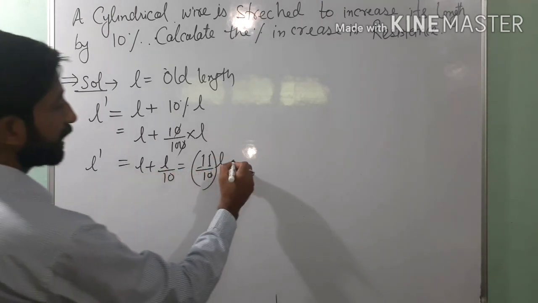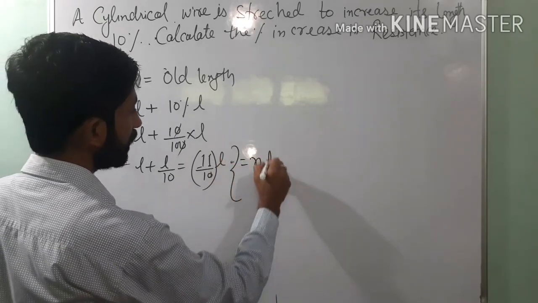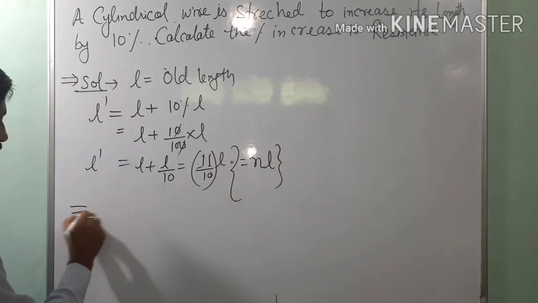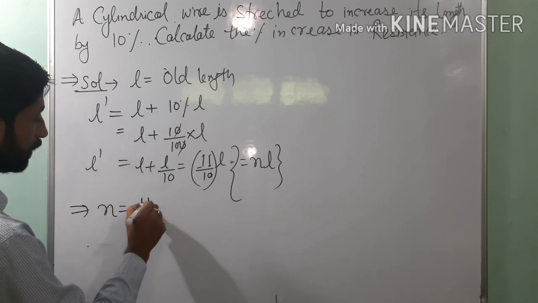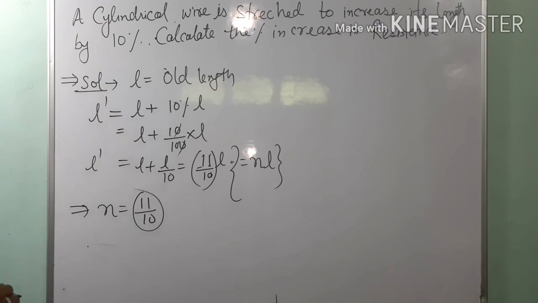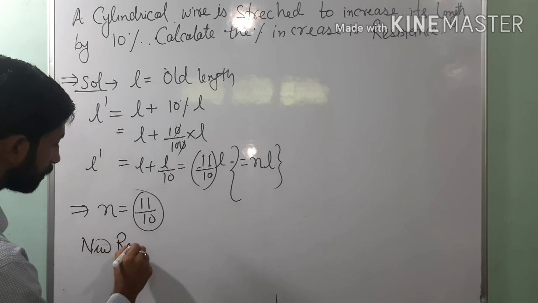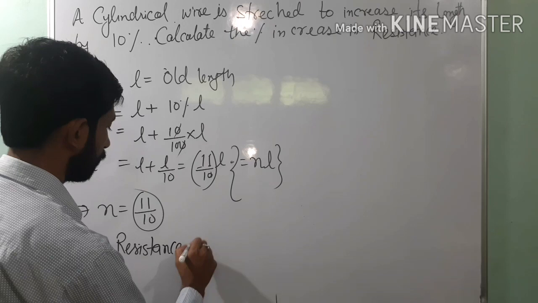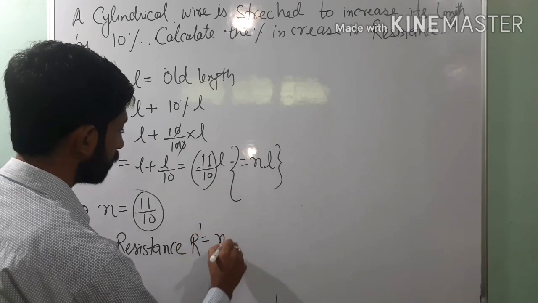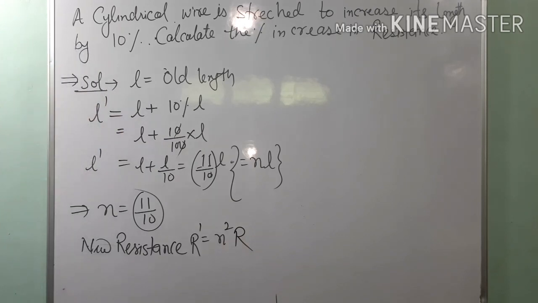So this can be compared with n into L. This is giving you n equal to 11 over 10. So that part is solved. Now the new resistance R dash is equal to n square into the previous resistance.